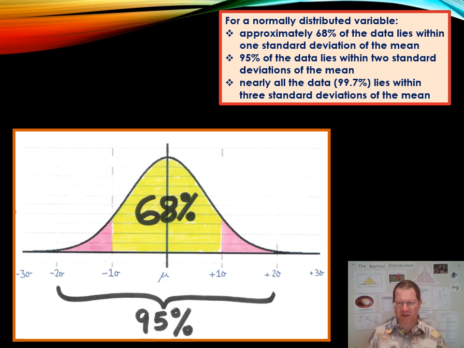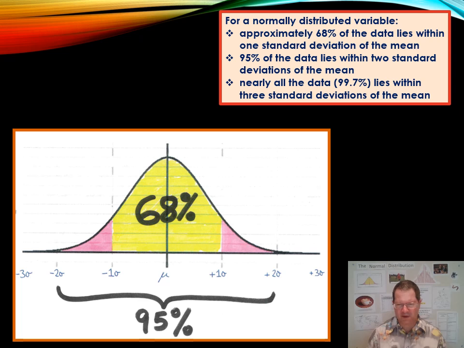And so the first fact, that approximately 68% of the data lies within 1 standard deviation of the mean, means that if we go from -1 sigma to +1 sigma, that area is 0.68 or 68% of the total area. Similarly, for 95% lying within 2 standard deviations, I've gone from -2 sigma to +2 sigma.